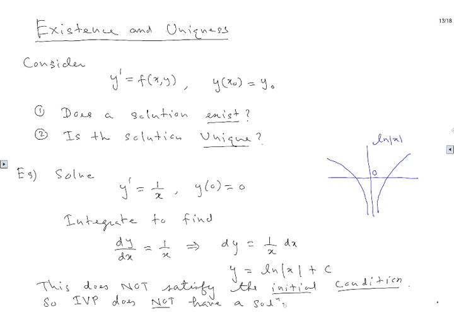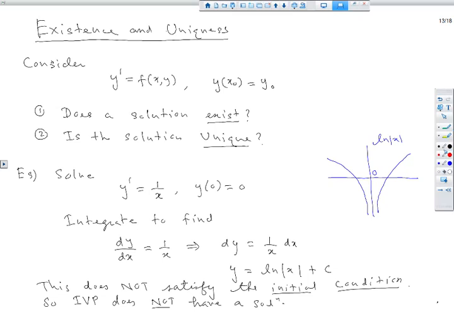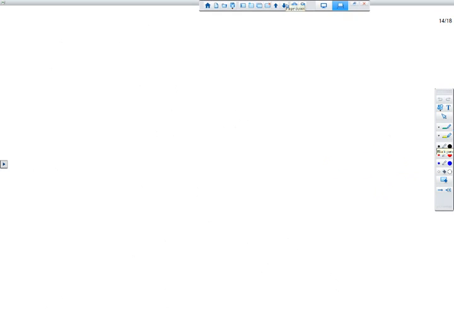Let's look at the directional field for this problem. The directional field looks like this. We have y prime equal 1 over x, so the directional field looks like 1 over x.